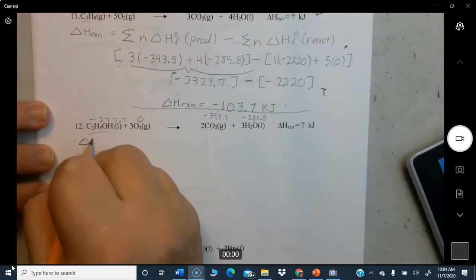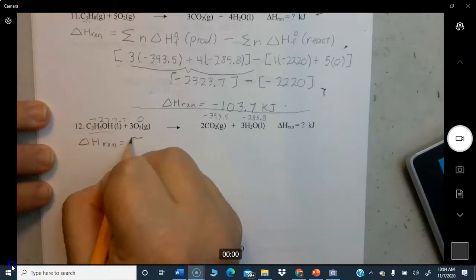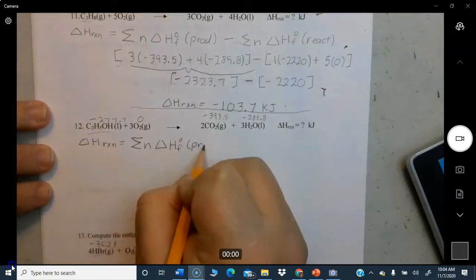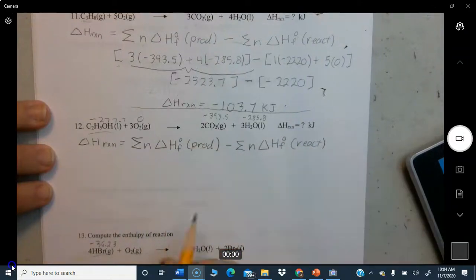The delta H, the change in enthalpy or change in heat of the reaction. Okay, so it's the heat of formation of the products. You always have to multiply that heat of formation times the number of moles of each product, and then you add them up. Do the same thing over with the reactant.